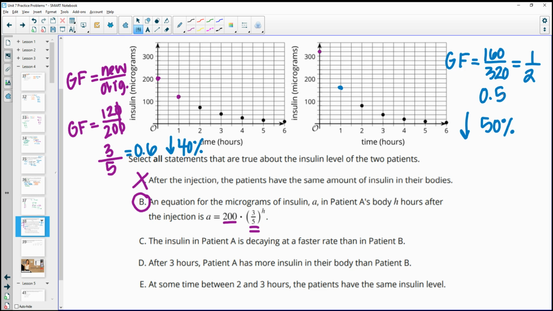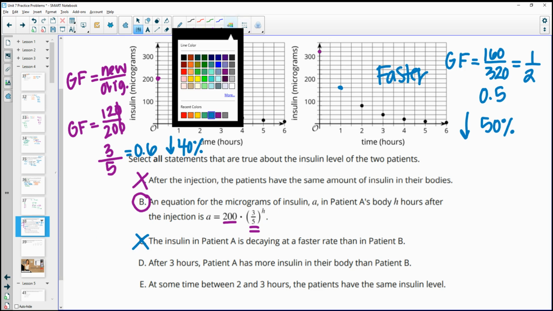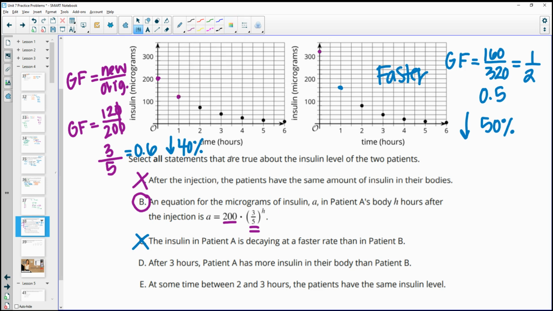Oh, I'm sorry, not retaining more. Decreasing by more, retaining less, because it's only retaining 50% versus 60%. So this one is going faster. So B is going faster. So this is wrong.